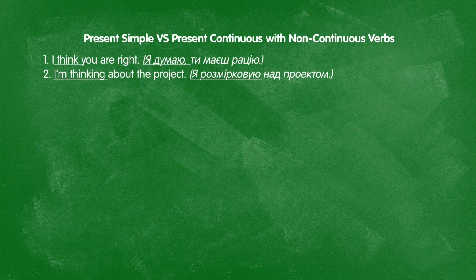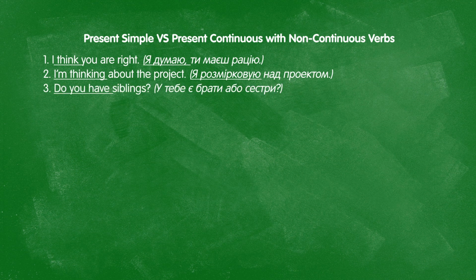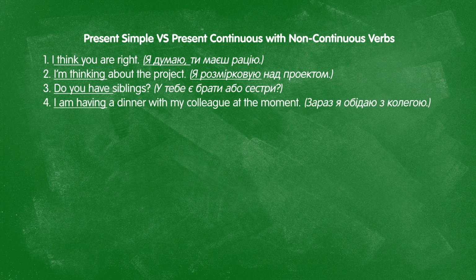Or I can say, do you have siblings? And I am having dinner with my colleague at the moment. Here, have is okay to use in its continuous form when you are using it in a phrase. For example, I am having dinner, I am having a good time. This is okay.